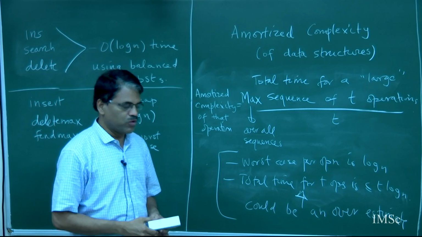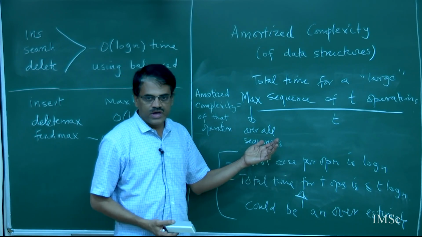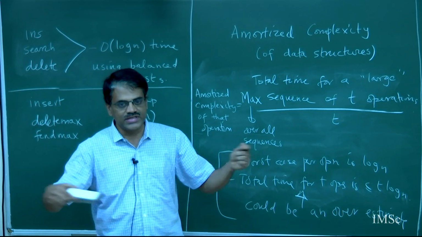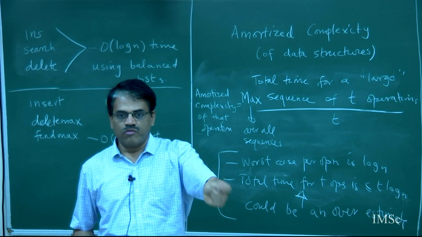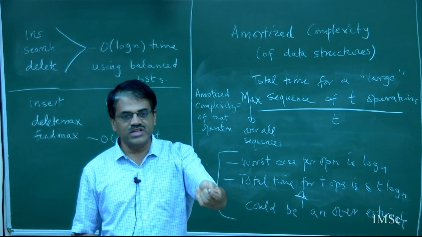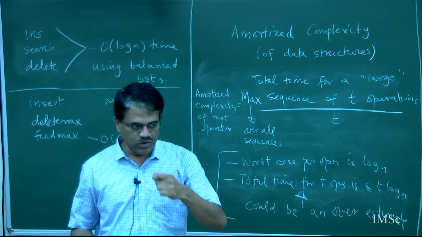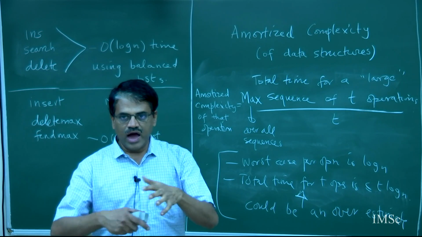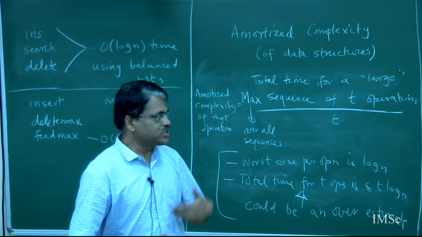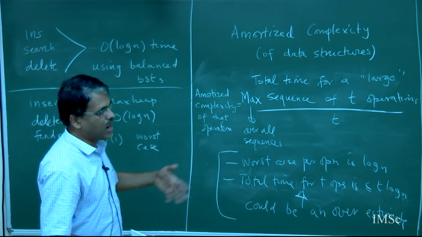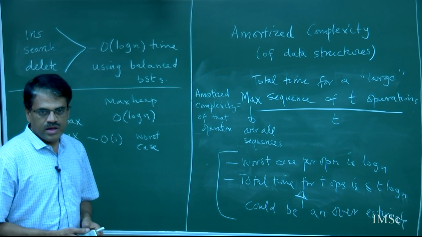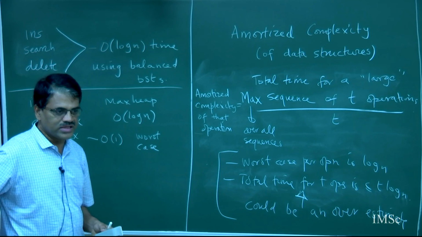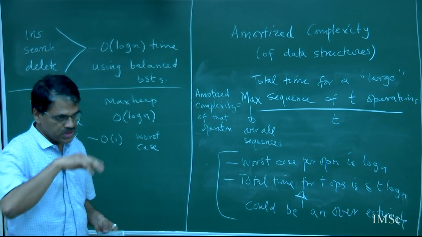That's the whole point. The worst case doesn't happen all the time. So somehow you want to capture this dependency in the sequence, that one costly operation actually makes subsequent operations cheap. I want to capture that somehow, and that's what makes the amortized complexity a little harder to estimate. Okay. So is it clear? Any questions? Then I'll just get on to giving some examples.